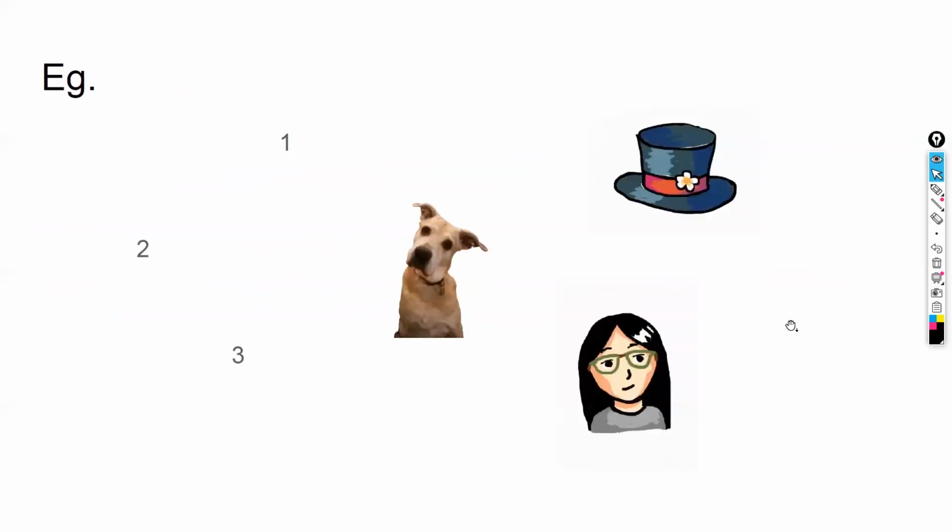All right, now let's take a look at some examples of topologies. So here is our favorite set, 1, 2, 3, dog, hat, Angela. And we're going to try to build a topology on this set. Let's recall the definition of topology. The first axiom says that we need to include the empty set and the entire set.